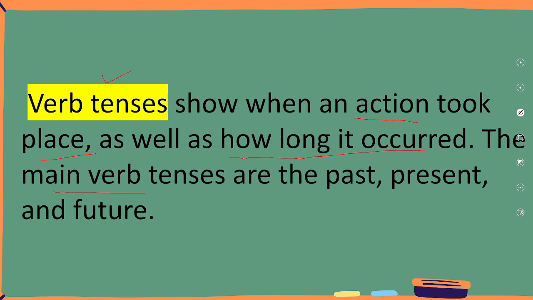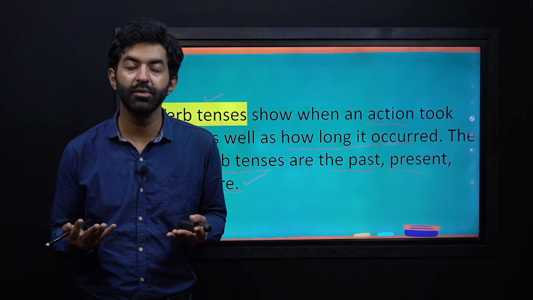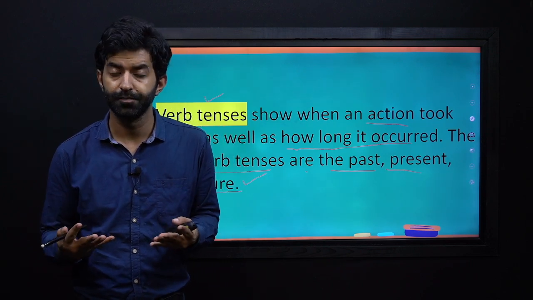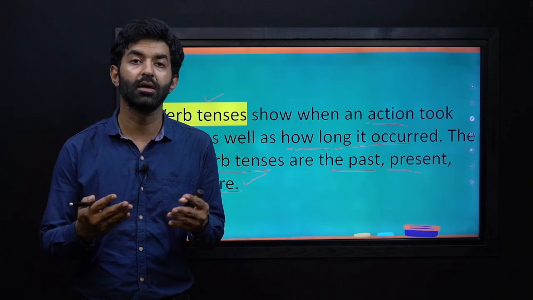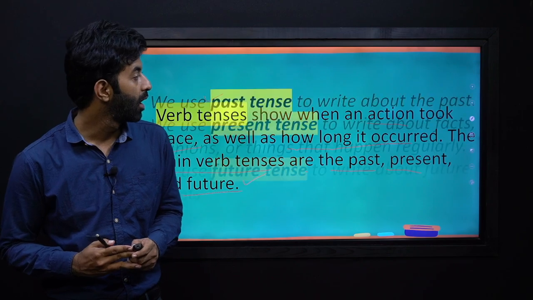The main verb tenses are the past, present, and future. And the rest of the verbs, as we know, are helping verbs, but we are mainly focusing on the main verbs. And we can use them in the past, the present, and the future as well.